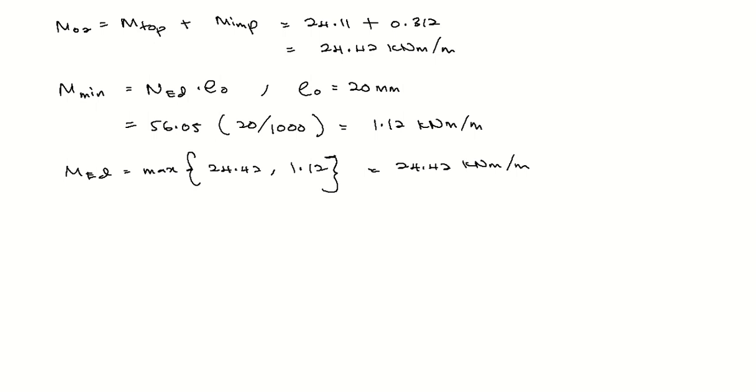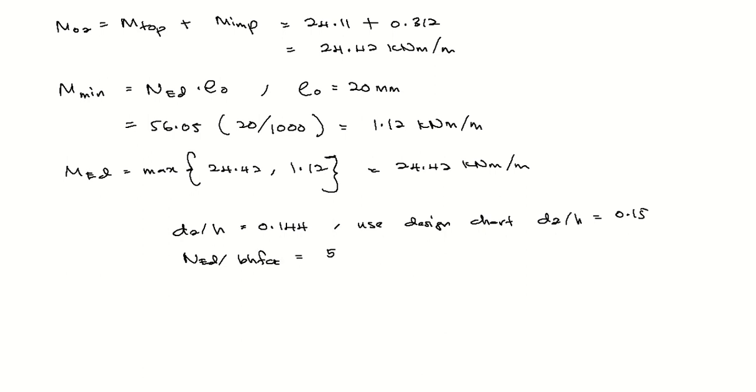Next, to design, just like the previous step, we are using the design chart, which is based on D2 over H. It has the same D2 and the same H, so your D2 over H will be 0.144, and we use the design chart where D2 over H equals 0.15. What we need in the chart is NED over BHFCK.